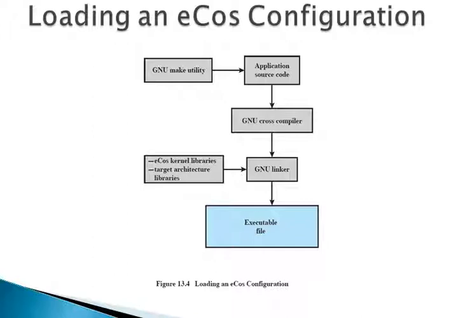In this example, the GNU make utility is used to selectively determine which pieces of the program need to be compiled or recompiled, and issues the commands to recompile them. The GNU linker links the application object code with the code generated by the eCos configuration tool. The result can be loaded into the target system.